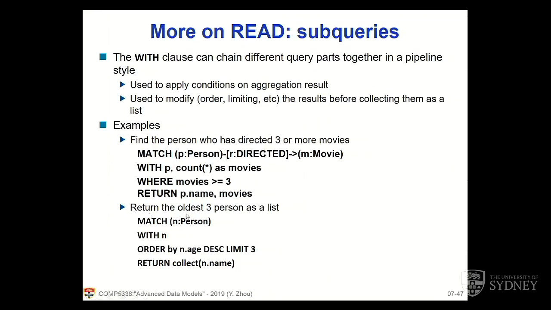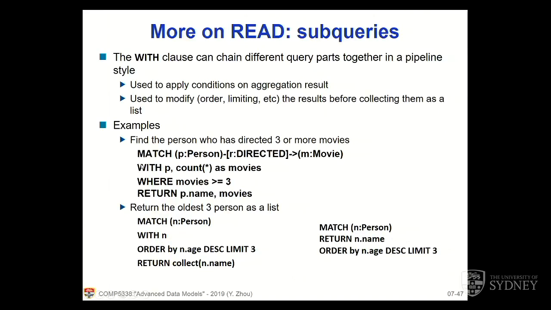Or if we want to return the oldest 3 persons as a list, we can do something like this, but it's not really necessary. We find all the persons, and then bring this down, do ORDER BY, and then return. But this can be done in a much easier way.